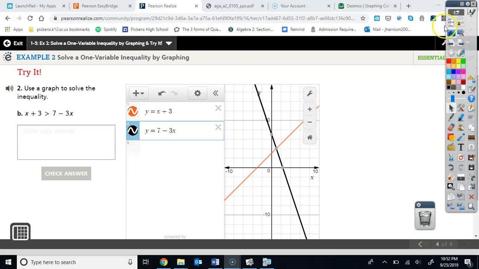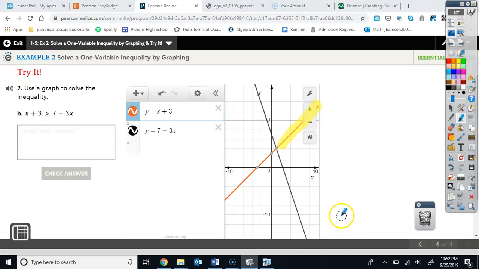Alright, so here's your solution. Be careful though, you need to pay attention. On this one, the x plus 3 graph is the red graph. So when is that graph right there greater than the black graph? Well, greater means above, so we're talking about this portion of that graph. Notice that this point right here is the point 1, 4, where they touch each other.